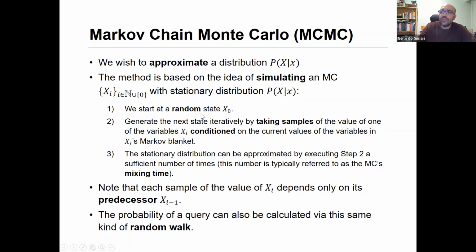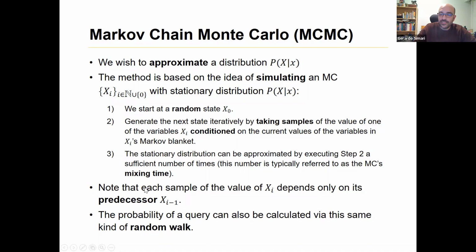So we start at a random state and generate the next state iteratively by taking samples of the value of one of the variables, conditioned on the current values of the variables in the Markov blanket. And the stationary distribution can be approximated by executing this step a sufficient number of times, typically referred to as the mixing time, until you get an approximation of the probability that you're looking for.